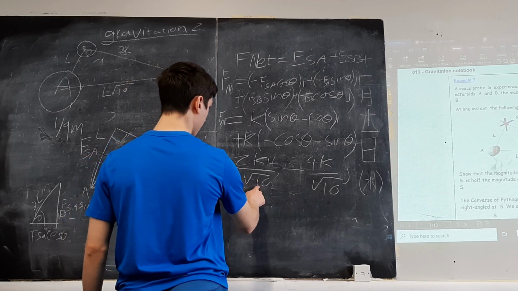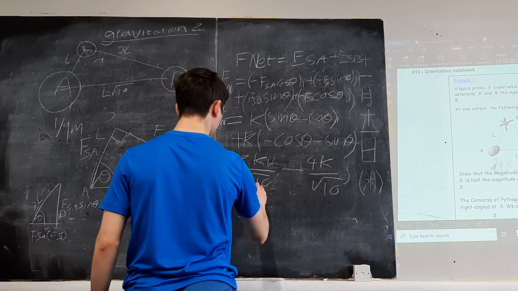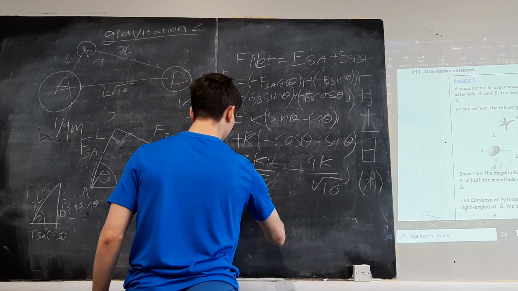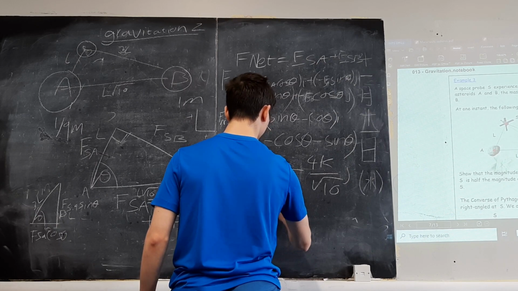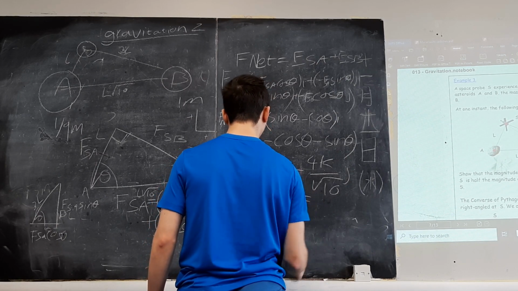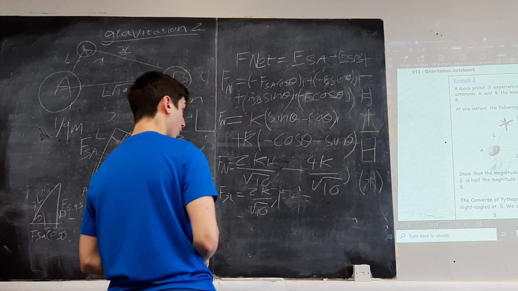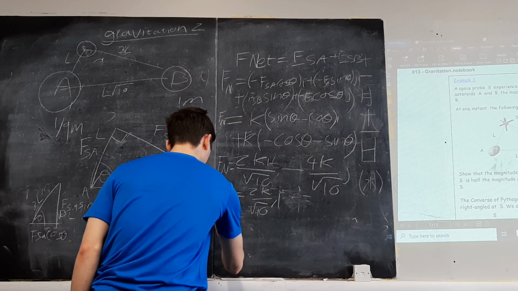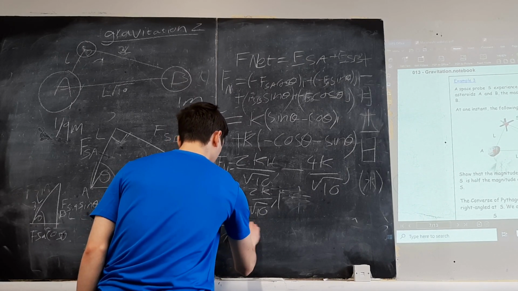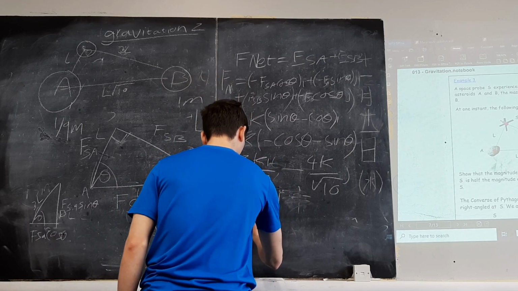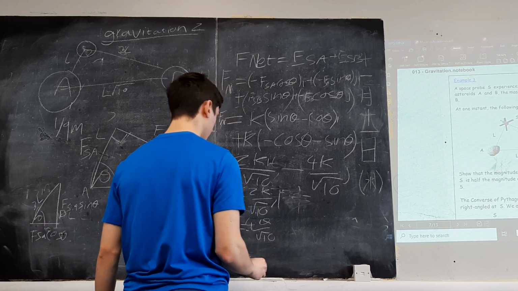This is the x component, that's the y component, so Fx equals 2k over root 10. And for Fy, now this gets interesting. So it's 4k over root 10.